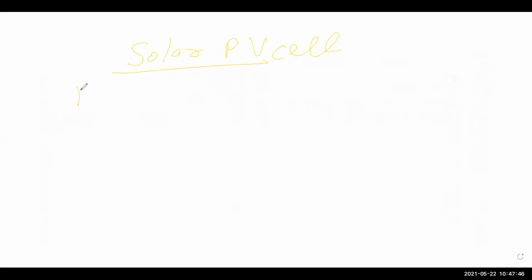Generally, these PV cells are made of silicon. Silicon is found or made from the second most abundant material in this world, that is sand.